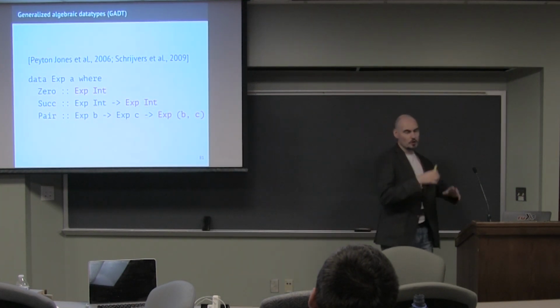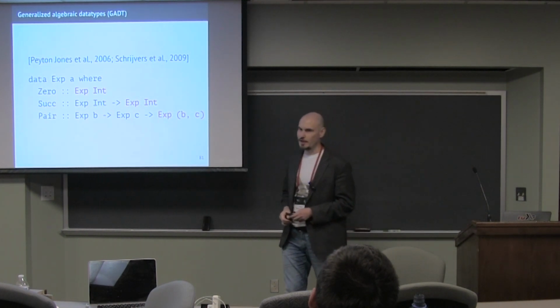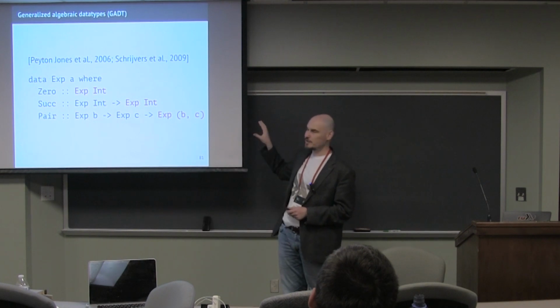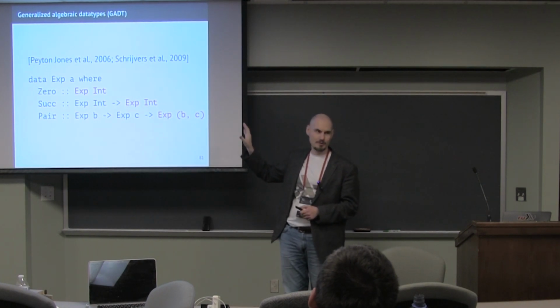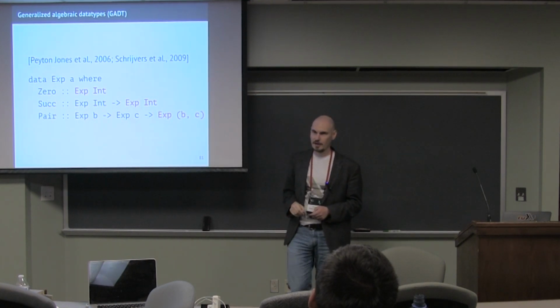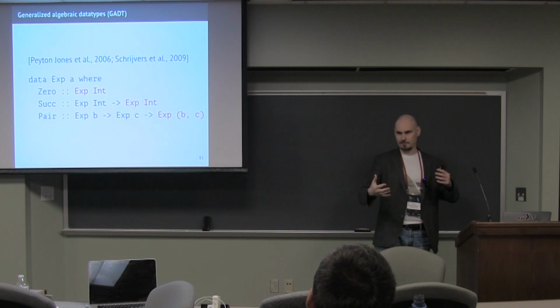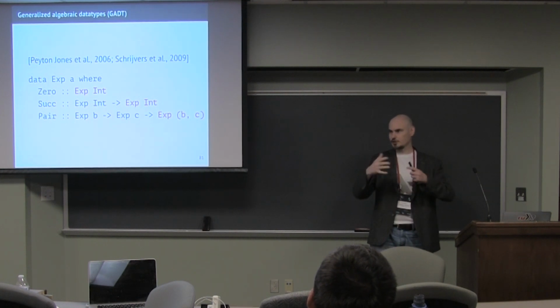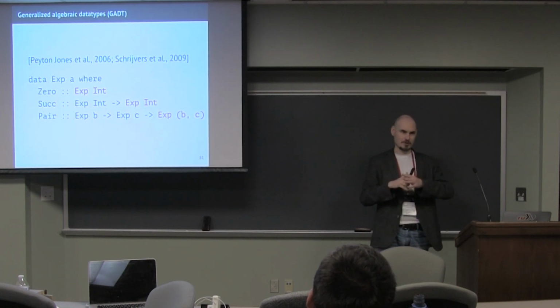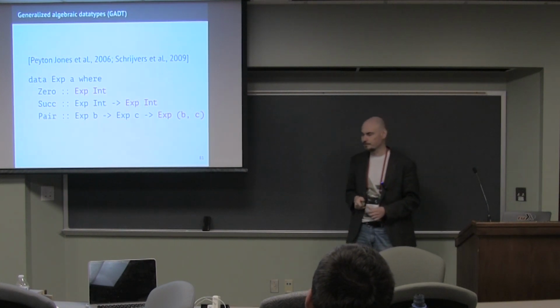Then there were some problems with this notion of data types, and then they came up with another implementation in another paper of 2009. And the main problems were about type checking. As you know, type checking is not our problem, because type checking is done before we desugar everything to GHC Core.